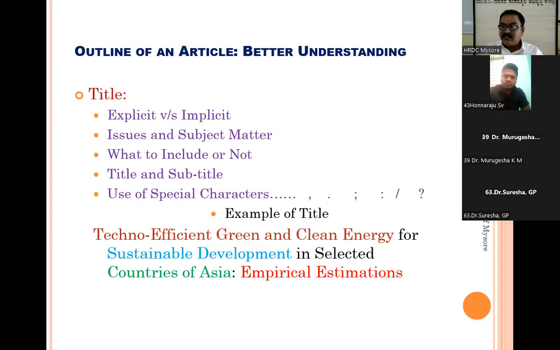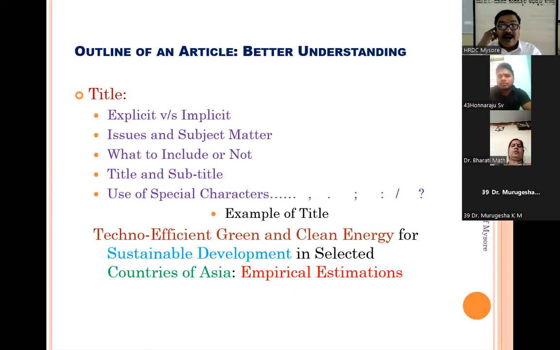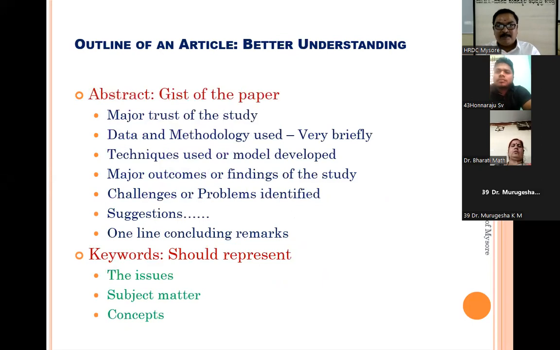Whereas in social sciences, humanities, even in science subjects, they write very detailed titles, which are known as explicit. If you want, you can have two titles like main title and subtitle. Otherwise, you can keep a single title. But the title should be very attractive, catchy. Just by reading the title, someone should want to publish your article.